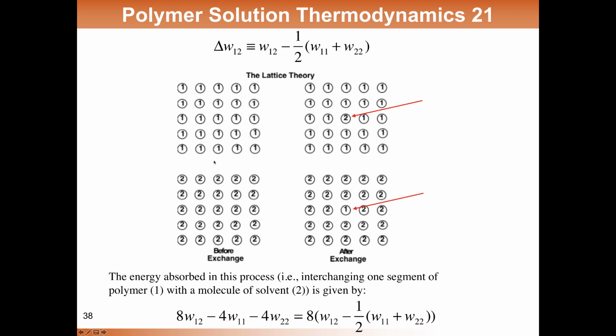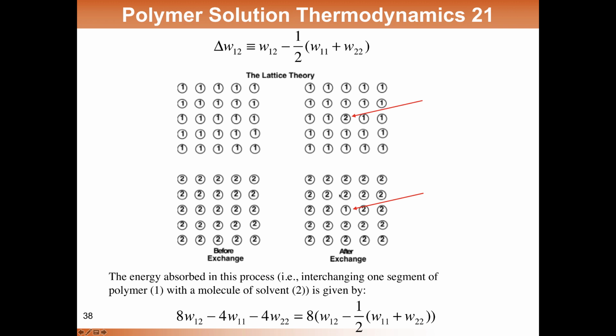So when you put one molecule of type 2 in here with 4 nearest neighbors, you form 1, 2, 3, 4 interactions of type 1,2. Likewise, when you take a molecule of type 1 and drop it into a sea of molecules of type 2, you form 1, 2, 3, 4 interactions of type 1,2.